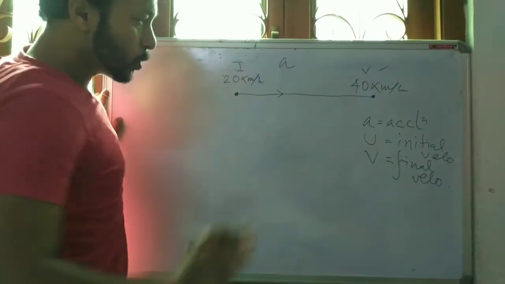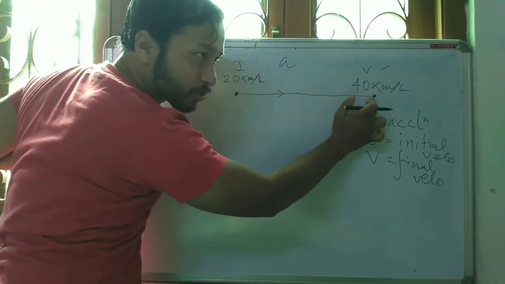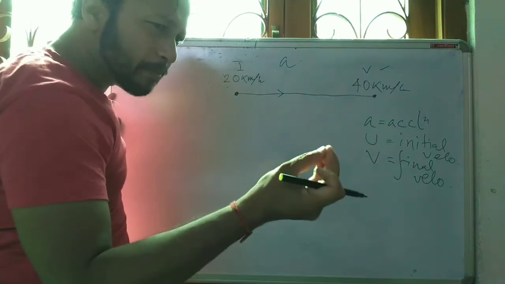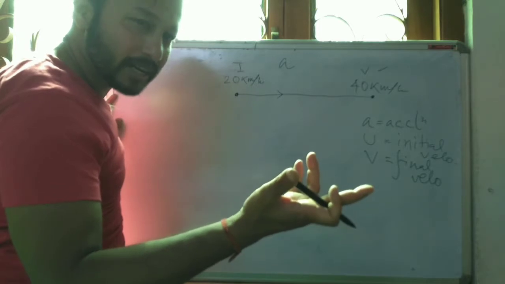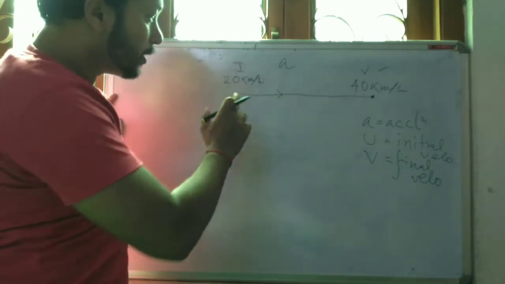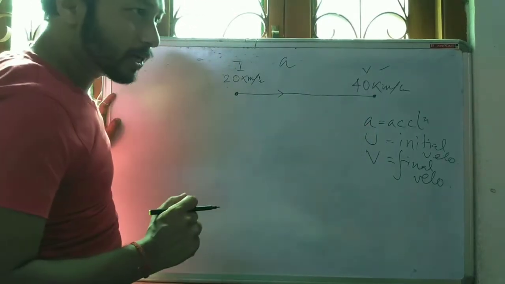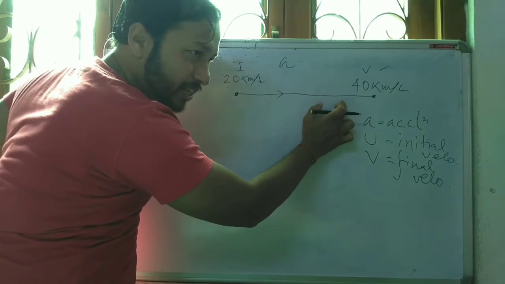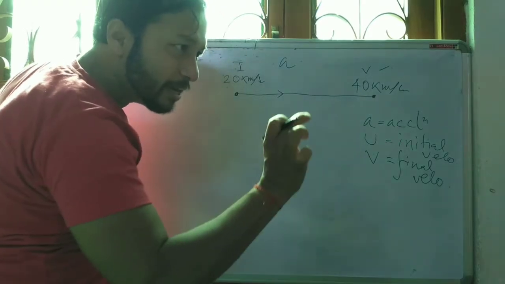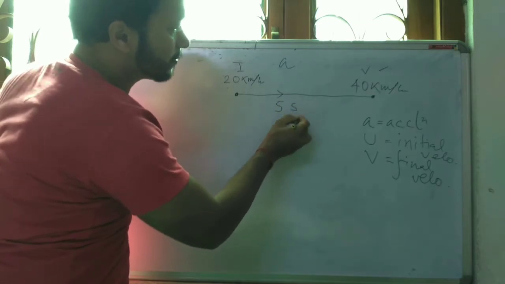Now, from initial velocity to attain final velocity, some time is required, in seconds. From 20 km per hour to 40 km per hour, the time taken by your scooty to increase this speed is, say, 5 seconds.